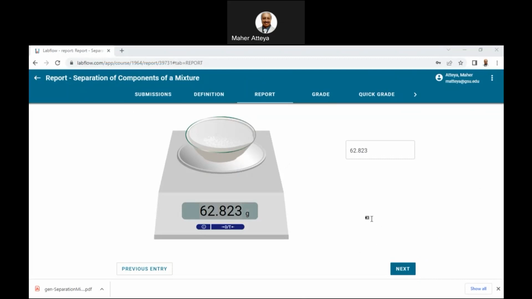Maybe we have to adjust a little bit. Copy, paste, take it all the way down. Okay, hit next.